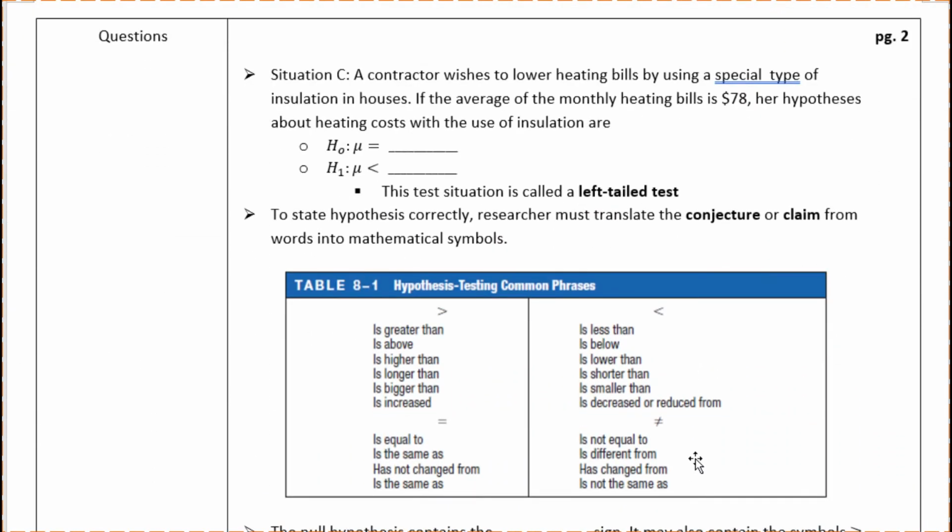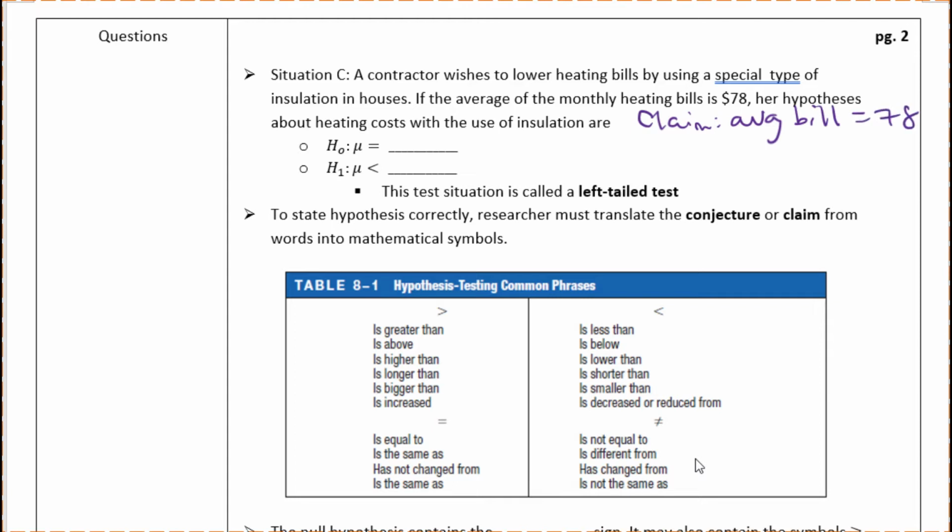All right. So situation C, a contractor wishes to lower heating bills by using a special type of insulation in houses. If the average of the monthly heating bills is $78, her hypotheses about heating costs with the use of insulation are what? So the claim is the average bill without the insulation is 78.